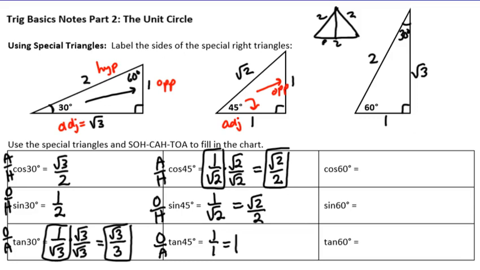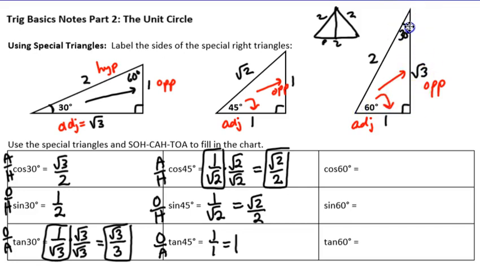Okay, now 60. So remember here, adjacent to 60, opposite. So here's my adjacent side, opposite side. Now I do want to point out that if I were talking about 30 degrees and it was up here in this triangle, the opposite side then would be at the bottom and the adjacent side would be this vertical side.